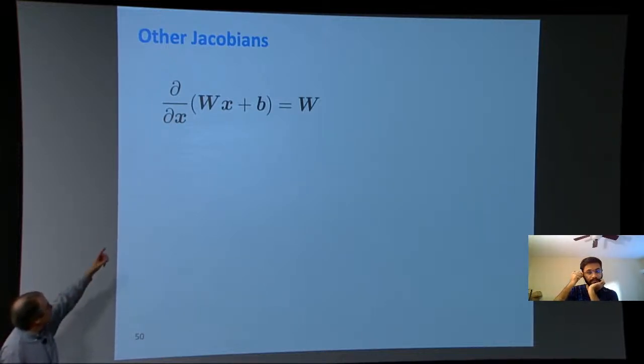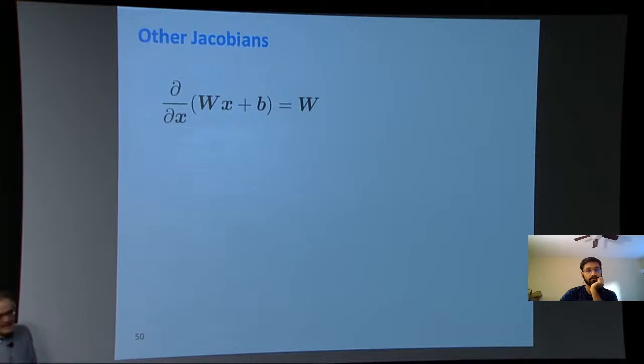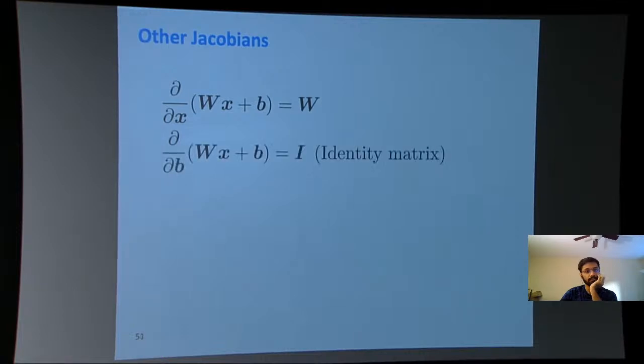If we want the partial derivative of Wx plus b with respect to x, we get W. If we want the partial derivative of Wx plus b with respect to b, we get an identity matrix, because b is like a 1b, an almost always-on vector, so you just get the 1s coming out to preserve the b.